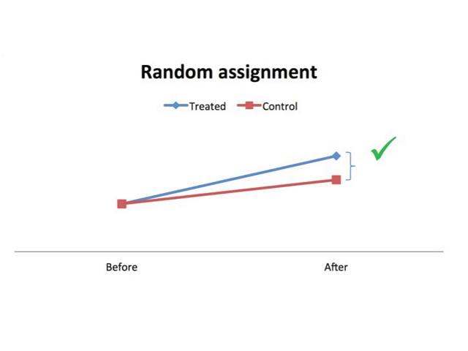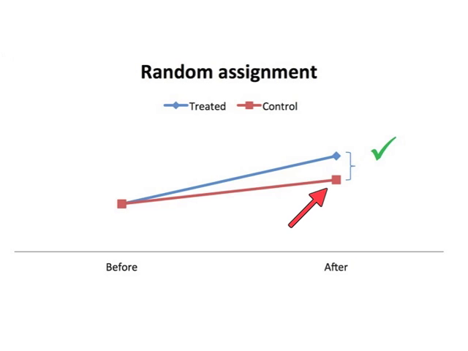The best such approach is to randomly determine who gets services and who does not. We start with treated and control individuals who have the same outcome on average before the program. Then, if they are randomly selected into treatment and control groups, the difference between the two groups after the program should be due to the program itself.